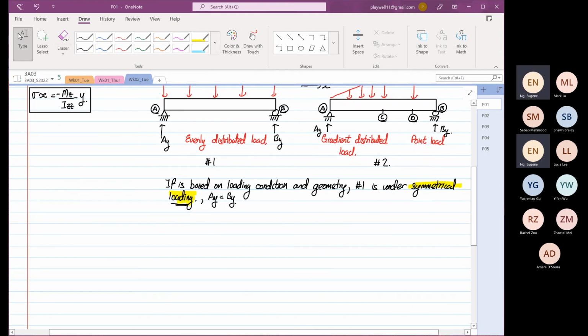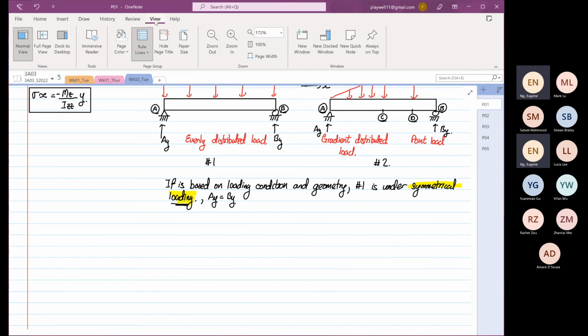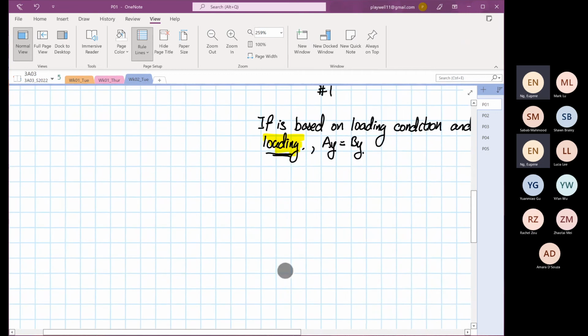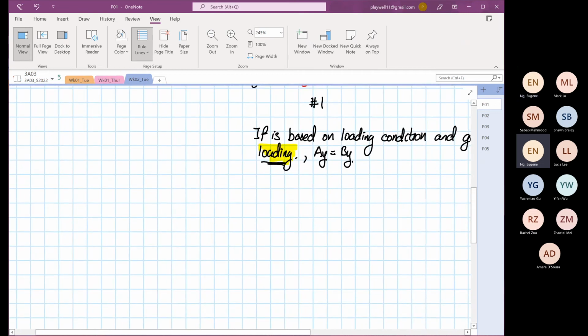Okay, now I'm going to draw the cross-sectional area of the structure. Okay, I'm going to sketch the cross-sectional area of the structure. So I'm going to view differently now, or we are going to view differently now.